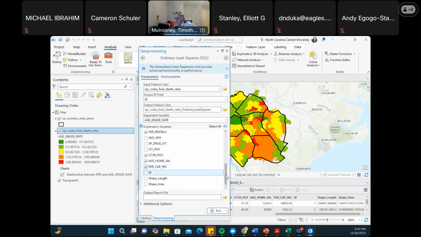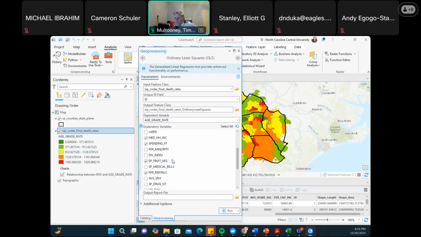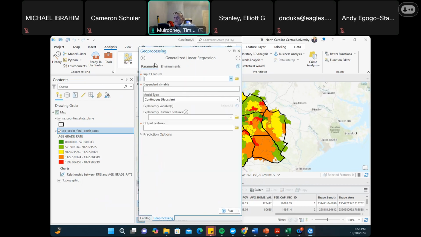Now, some of these are related to each other, so I just want to kind of run these and we'll look at maybe diversity and percent minority here. Because remember, when we go back, what those results gave us before. Now, when I go through and run my OLS, I'm probably going to be a little bit more intentional about this.